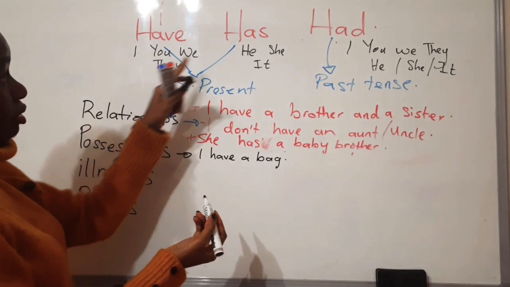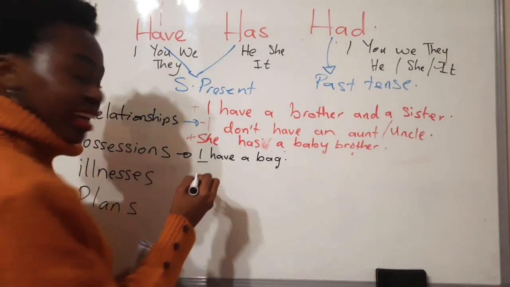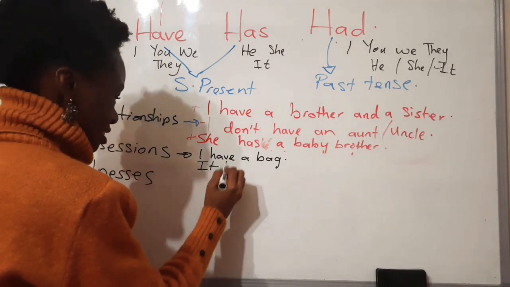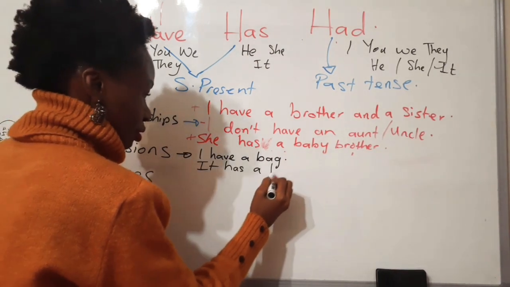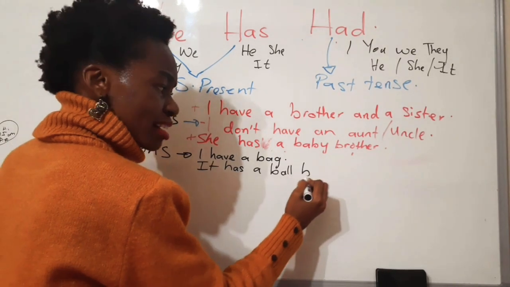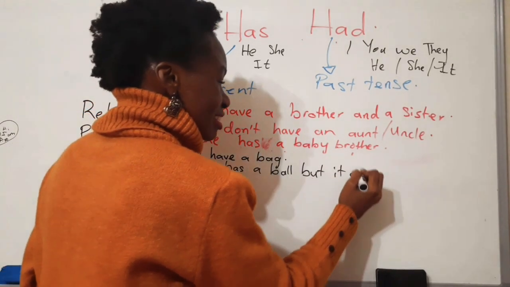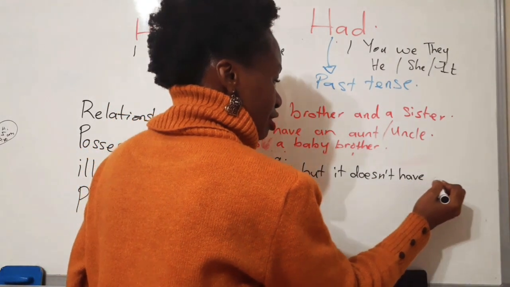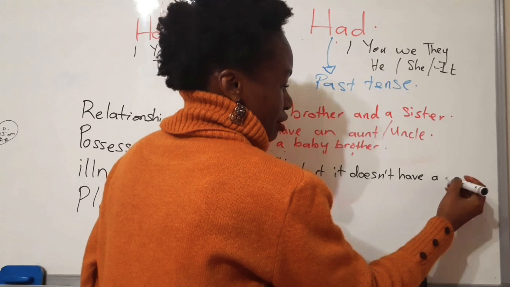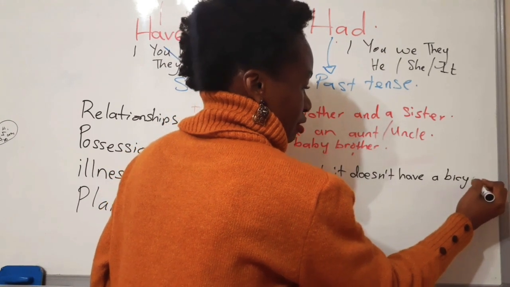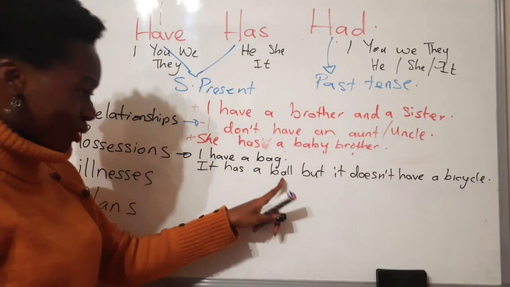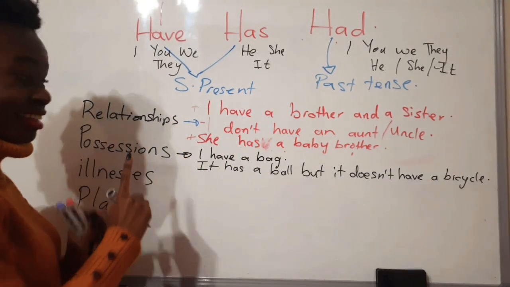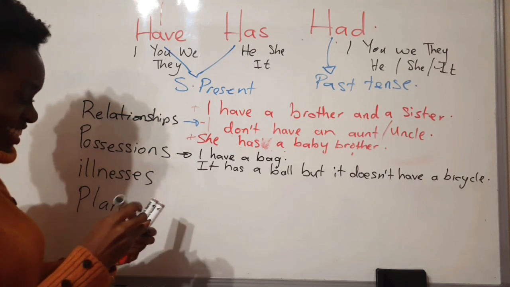We can say a cat, for example. A cat has a ball. It has a ball. But it doesn't have a bicycle. So this dog has a ball. It doesn't have a bicycle. It doesn't possess. Sahip diyor in Turkish. Okay.